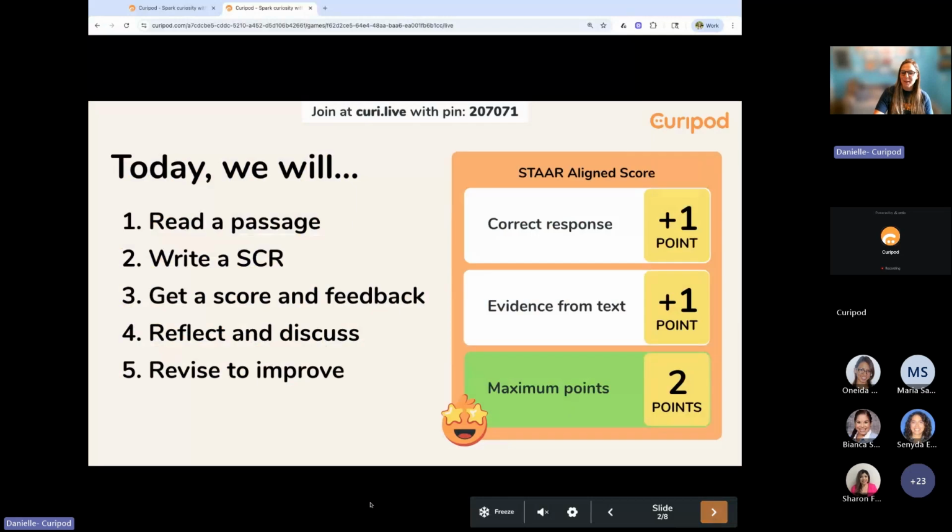Okay, so here we're going to coach on this. I think this is huge. I've seen this implemented in classrooms where you can literally say, okay, what do you get 1 point for? Correct response. What do you get 2 points for? Evidence from text. And students can recite this because they've been coached on it throughout the year.